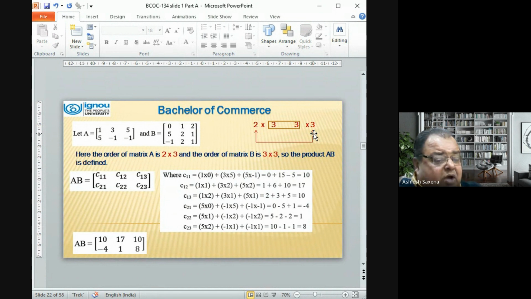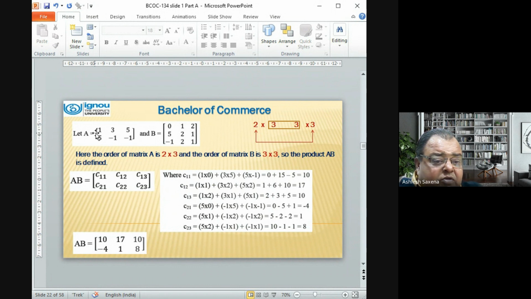Correct? Now, how the multiplication is done. I will start, and remember, multiplication is done in this way, moving from this to this and coming top to bottom. 1 will be multiplied by 0 plus 3 multiplied by 5 plus 5 multiplied by minus 1.